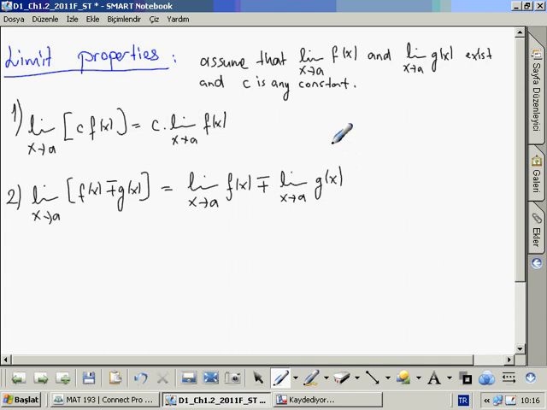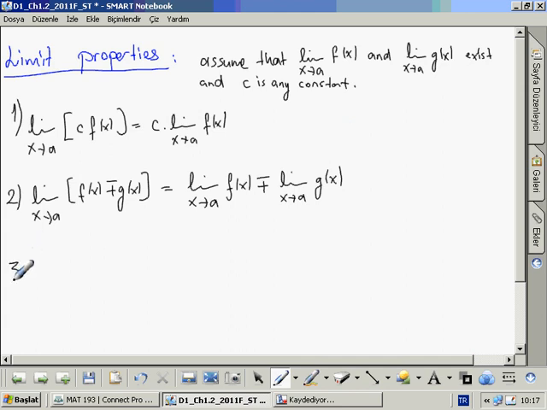So to take the limit of a sum or difference, all we need to do is take the limit of the individual parts and then put them back together with the appropriate sign, okay? This is also not limited to two functions. This fact will work no matter how many functions we have got separated by plus or minus.